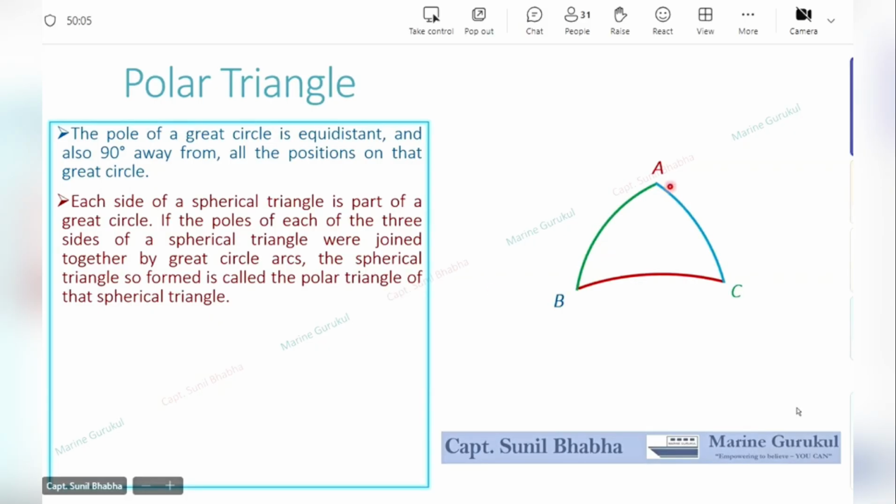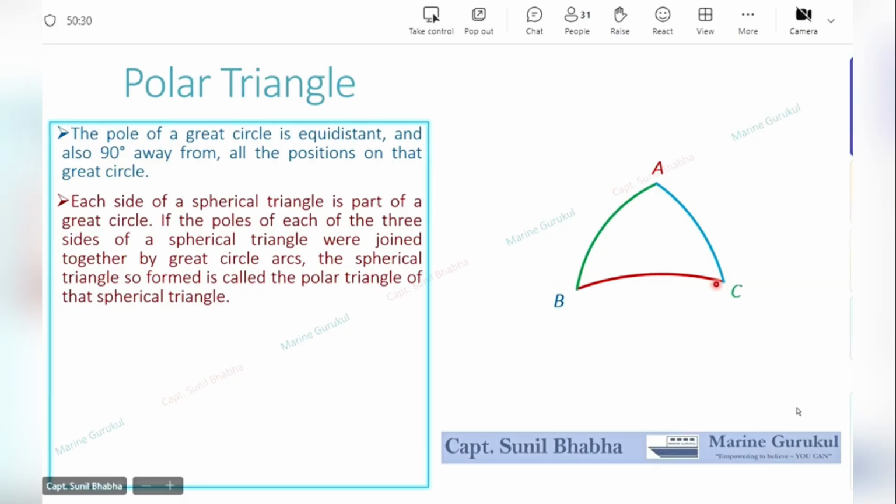Now let me explain this to you using a diagram. We take a spherical triangle. You can see the spherical triangle ABC, Alpha Bravo Charlie, coming up on the screen now. All three sides of this spherical triangle are arcs of great circles. So let's first take the example of side BC, the red color side, Bravo to Charlie. This Bravo to Charlie is part of a big great circle.